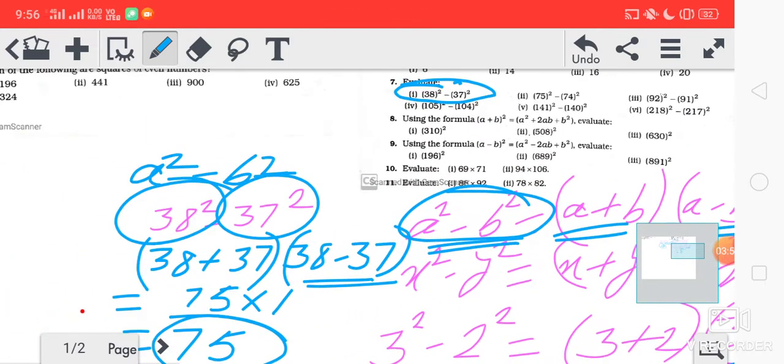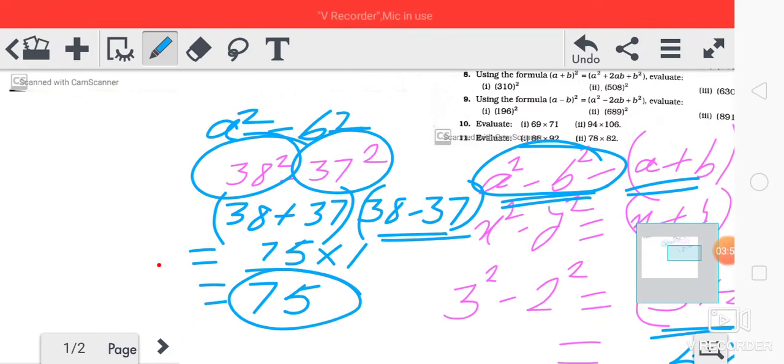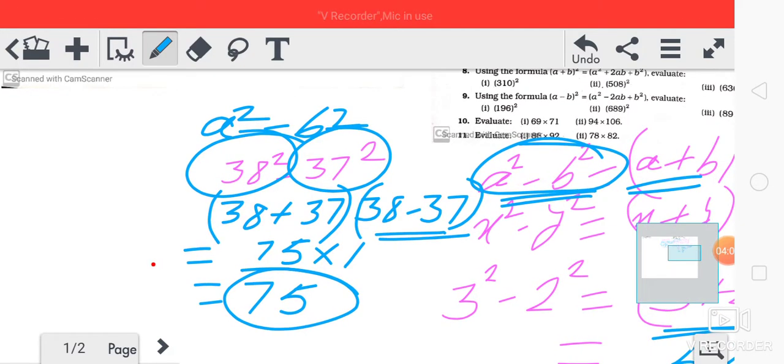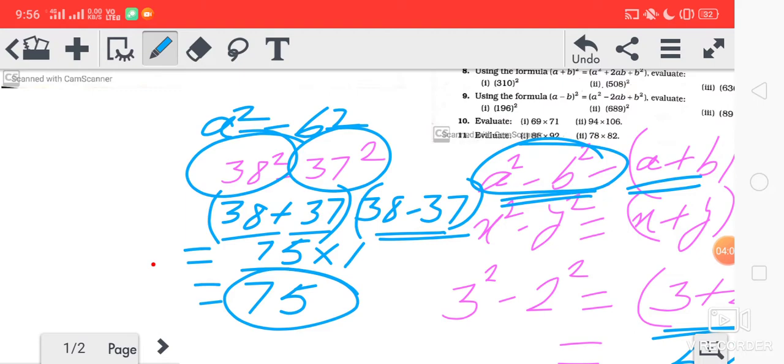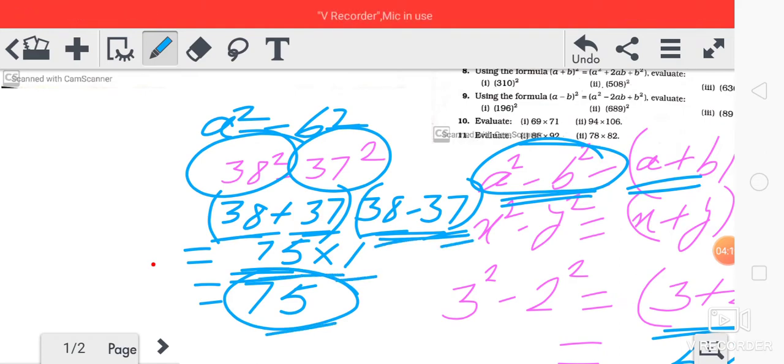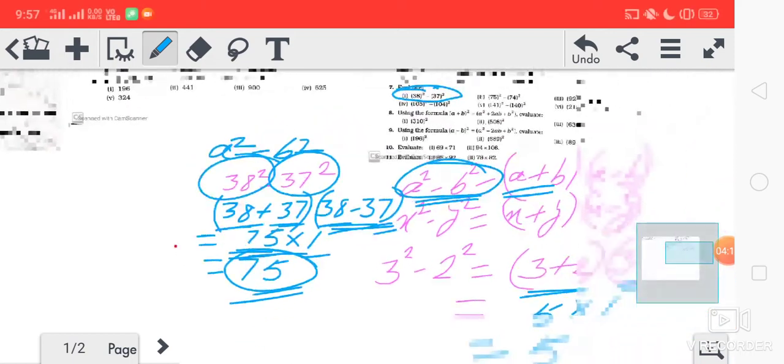In the same way we have solved this question. 38 square minus 37 square is equal to 38 plus 37 into 38 minus 37. So 38 plus 37 is 75, 38 minus 37 is 1, and 75 into 1 is 75.